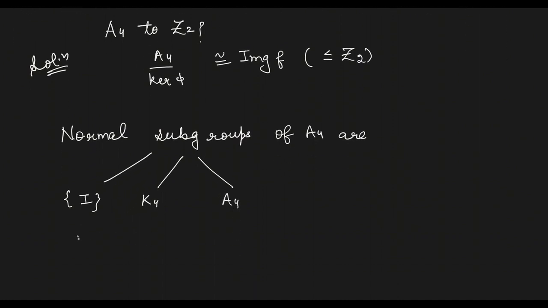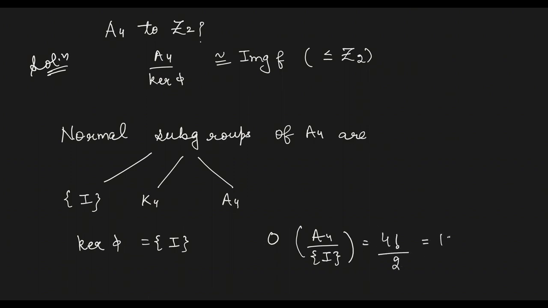So when kernel phi is identity, so A4 by identity. What is the order of A4? 4 factorial by 2, yes, 12. Is it possible for Z2 to have a subgroup of order 12? No. So this case is not possible.